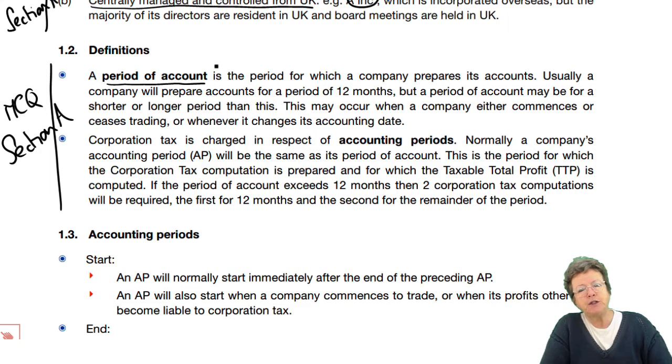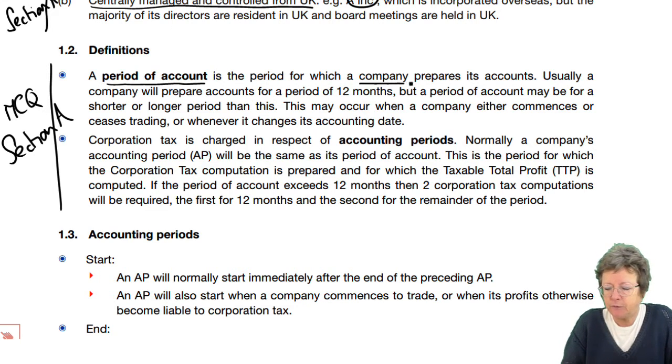In a multiple choice situation, try and answer the question first and then make sure that your answer is one of the 4 that you can choose from, rather than looking at the 4 and getting confused because you're not sure which one is which. Your knowledge level should be such that you can choose, because you've already answered the question in your head. So a period of account is a period for which the company prepares its accounts.